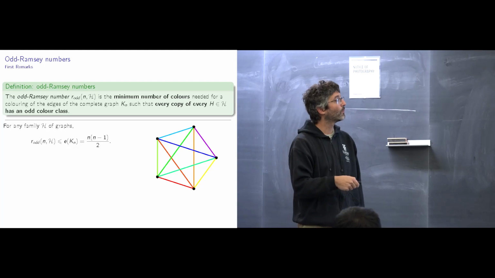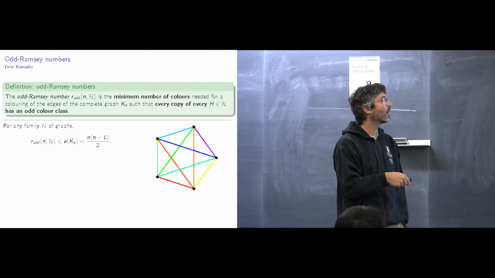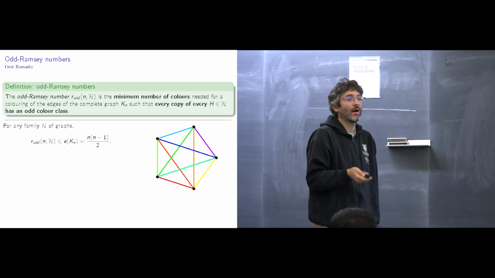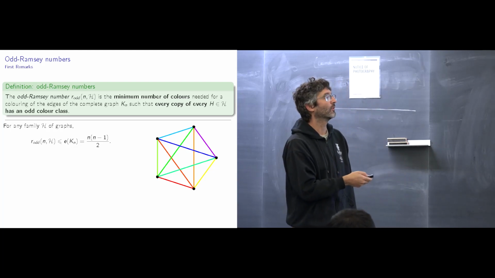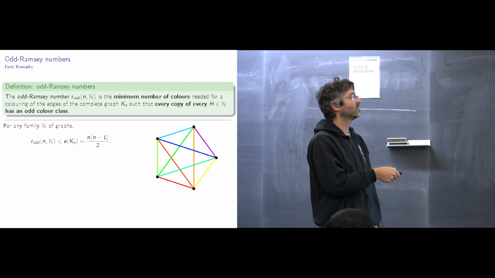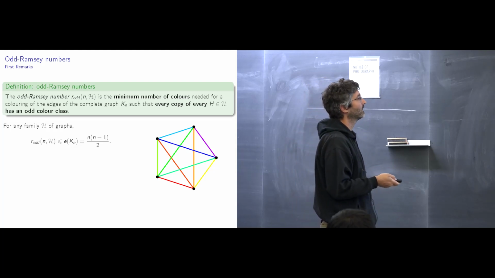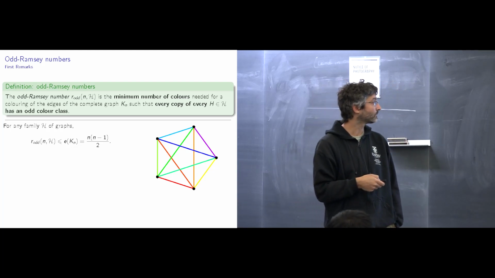So if I give you a complete graph on n vertices, you use a different color for every edge, then clearly any graph you take, I don't care what H is, would contain at least one edge, and that edge is going to be unique in its color. One is odd, you're good. So we know that the Odd-Ramsey number is at most quadratic.